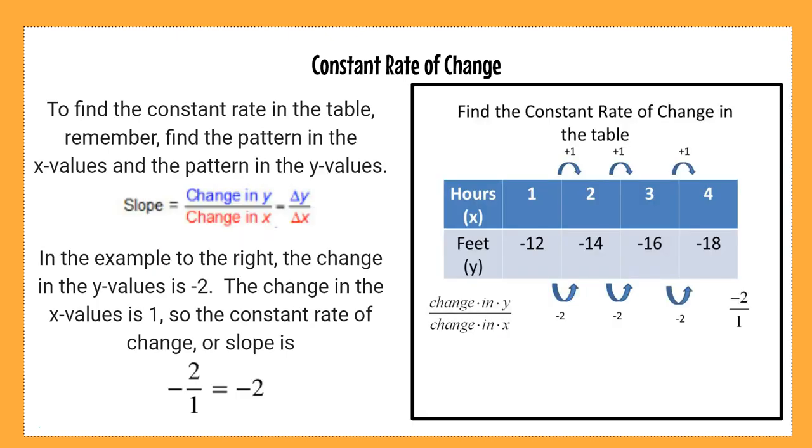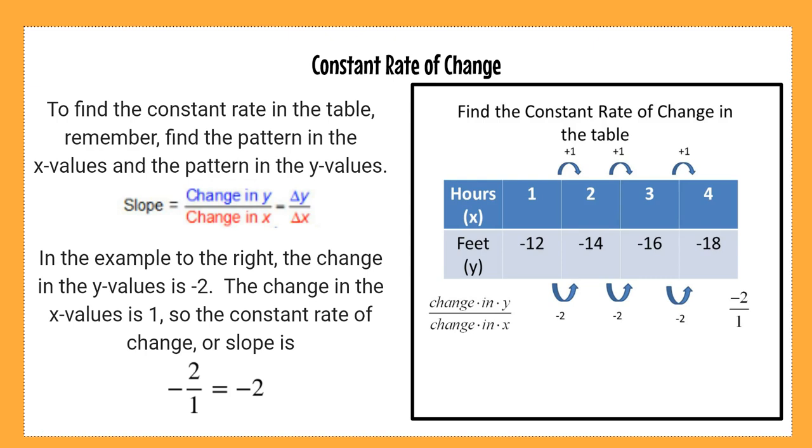Let's look at it in this situation. To find the constant rate in the table, remember, you're going to find the pattern in the x values and the pattern in the y values. And our goal is for it to be the constant pattern. If it's not constant, we may have to look at something a little trickier. So in the example to the right, the change in the y values is negative 2.